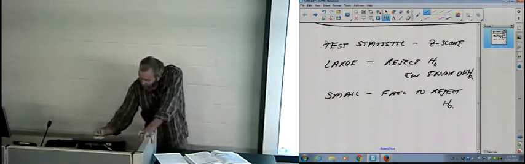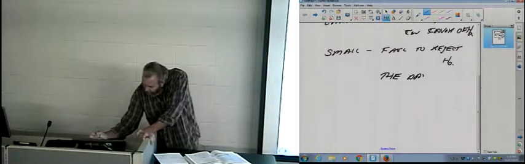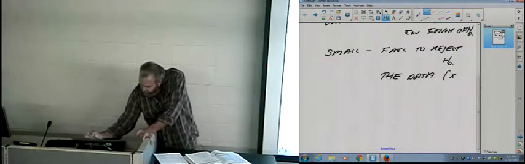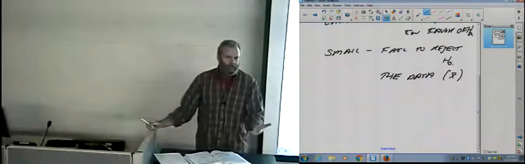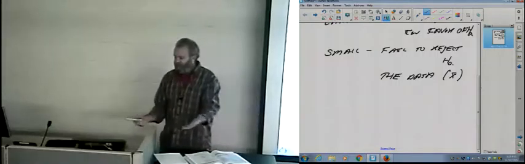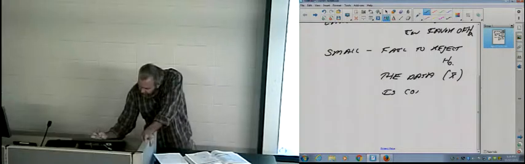Another way to say it is the data, X bar, is consistent with H0 being true. Look, your data is coming to you in the form of this sample mean, your X bar. That's your statistic.